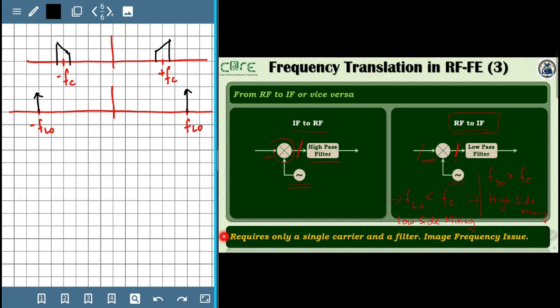The multiplication in time domain would then correspond to the convolution in frequency domain, and the result of this convolution would be as follows. There will be a signal going towards FLO plus FC, which will be somewhere on the extreme right. I will write it here.